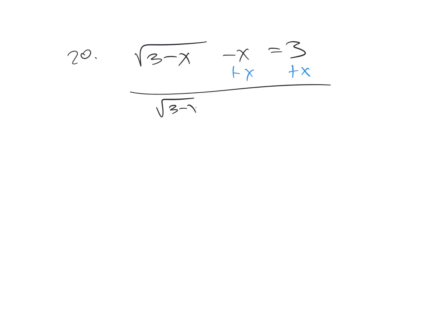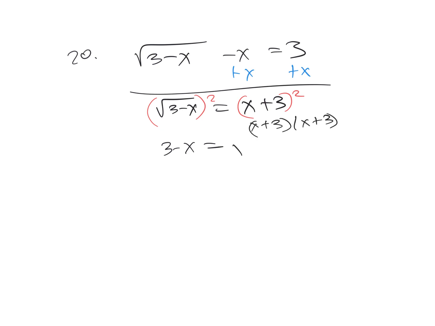Square root of 3 minus x, because you've got to get your radicals by themselves if you can. And then we square both sides. So you've got a binomial that needs squared. The radical goes away on the left. And this is x plus 3 times x plus 3, which is x squared plus 6x plus 9.